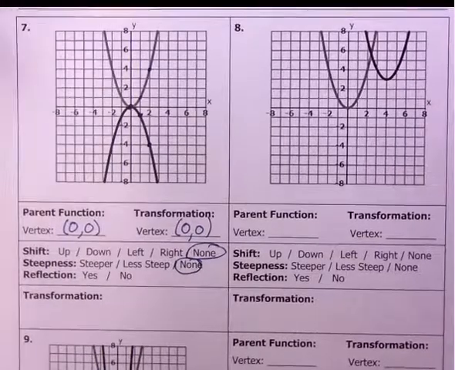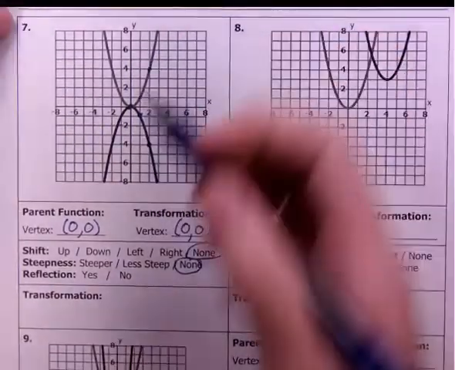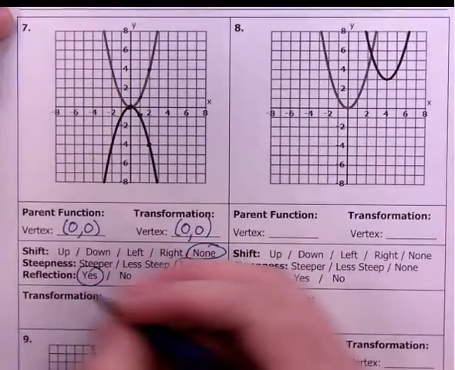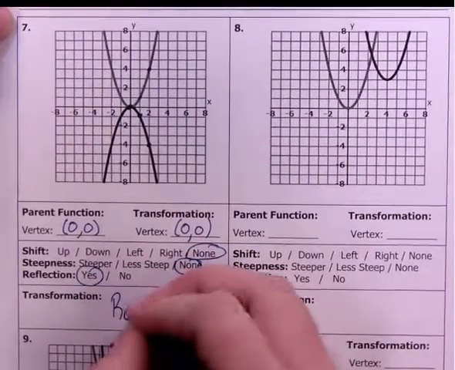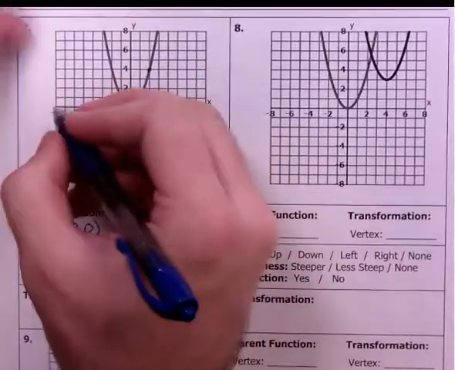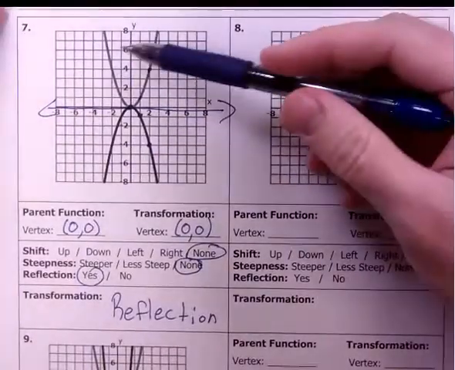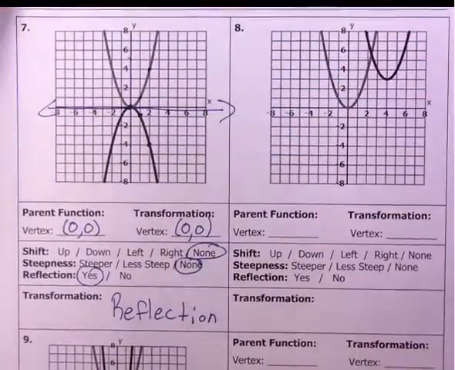It's just facing downward. And so now, if the first one's upward and the second one's downward, we're going to call that a reflection. And you're obviously just going to think about this right here as a mirror, and you reflect your graph over that mirror.